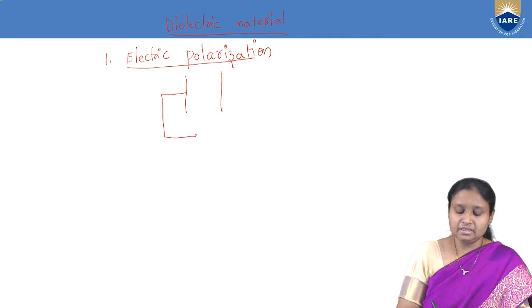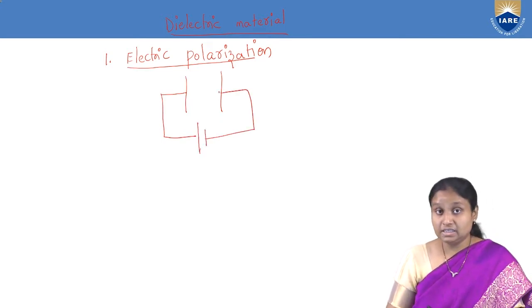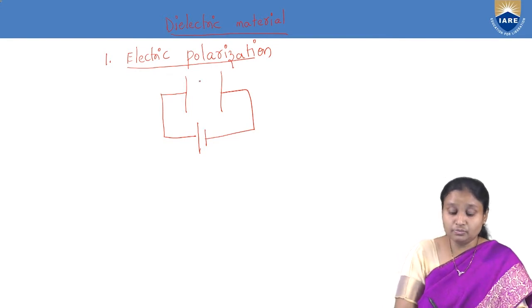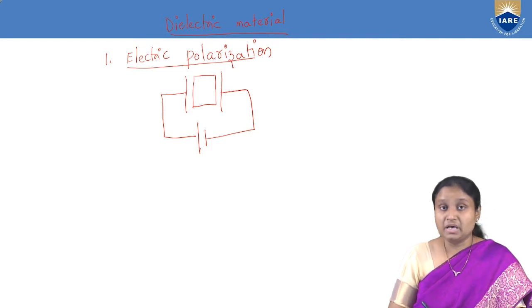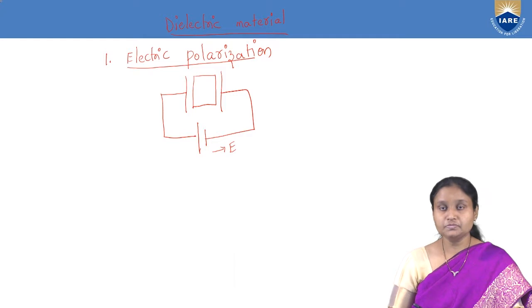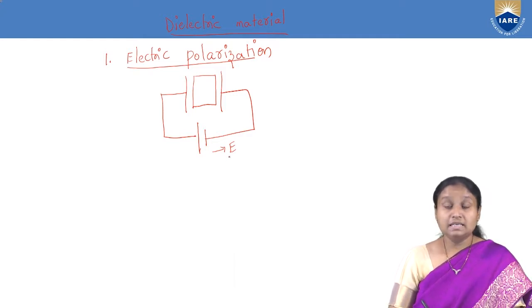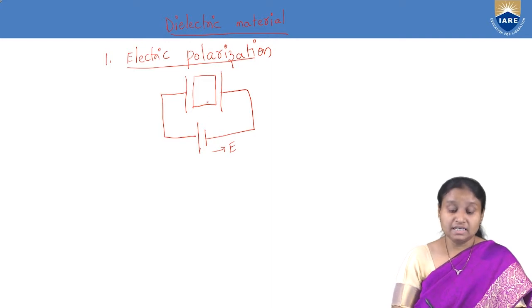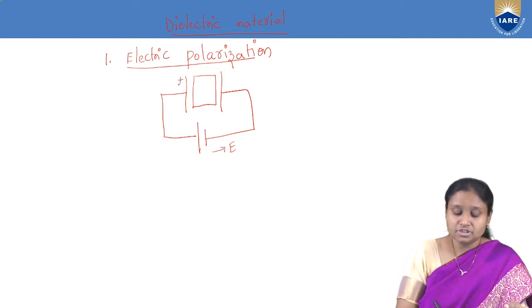I have already explained it in my previous videos. In order to apply an electric field to a dielectric material, we keep the dielectric material between two capacitor plates, and then we apply our electric field E. In this direction I have applied the electric field. Once I apply the electric field, first we have charges forming on the capacitor plates.